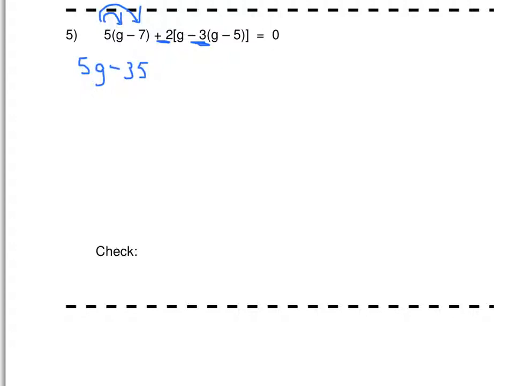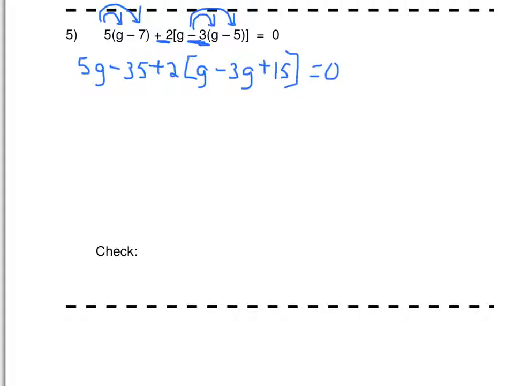So notice you have brackets and parentheses, so I have to distribute the negative 3 first. So I'll bring down the 2, and I'll bring down the bracket and the g. Now I'm going to distribute the negative 3. Negative 3 times g is negative 3g. Negative 3 times negative 5 is positive 15. And then I have a bracket equals 0.